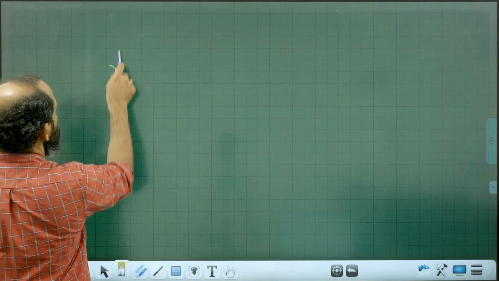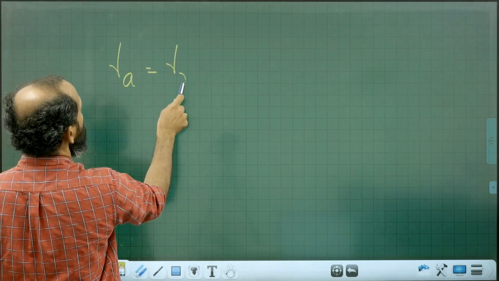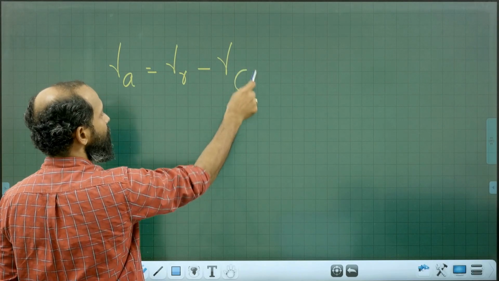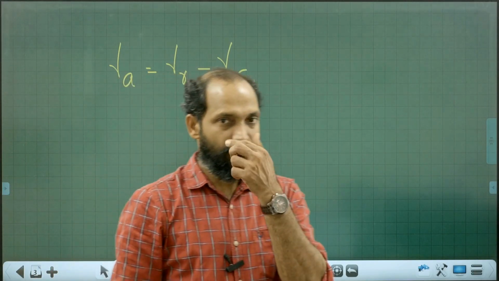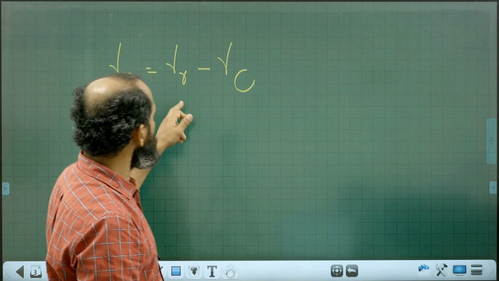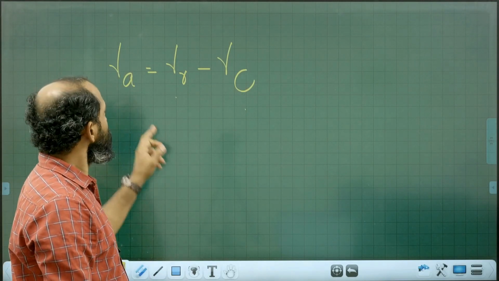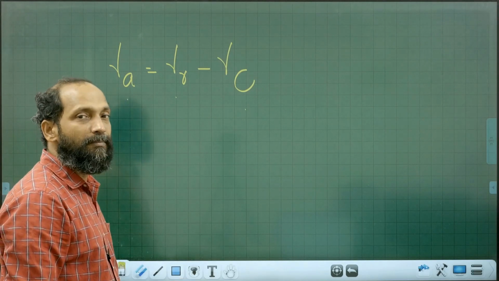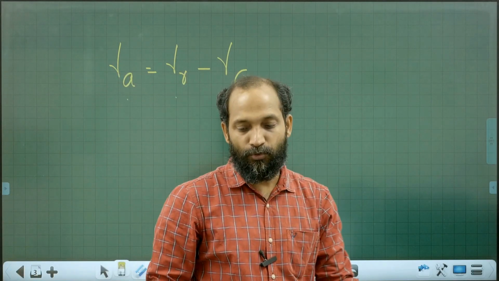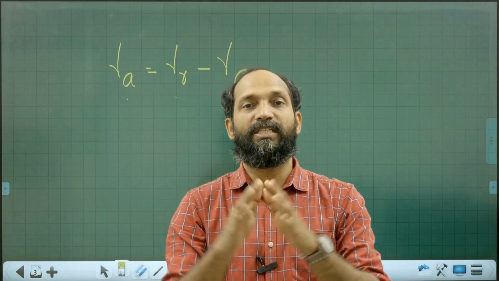So what we have to see is that there is an apparent expansivity. The real expansivity of that liquid can never be measured directly. Apparent expansivity of liquid is equal to real expansivity minus expansivity of the container. If the real expansivity of the liquid is equal to the expansivity of the container, the observed expansivity becomes 0. That means you will not notice the liquid changing its level.